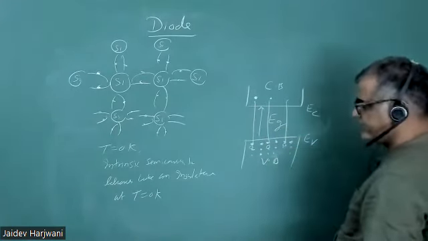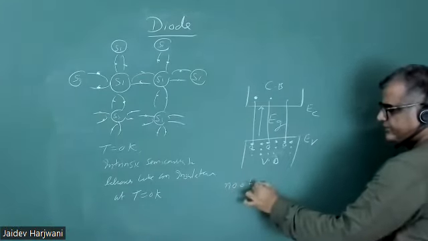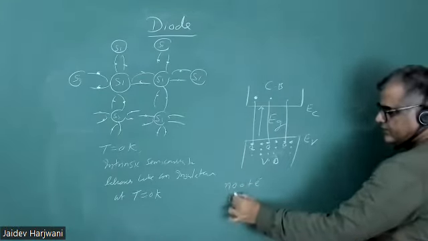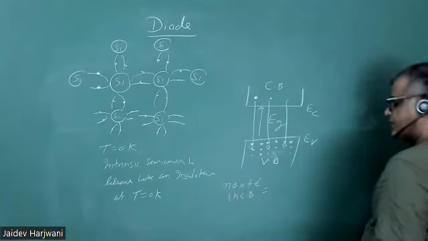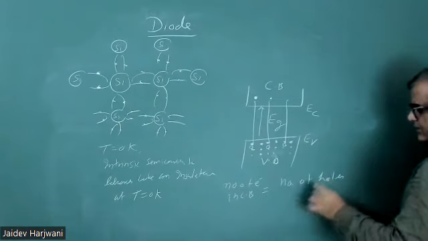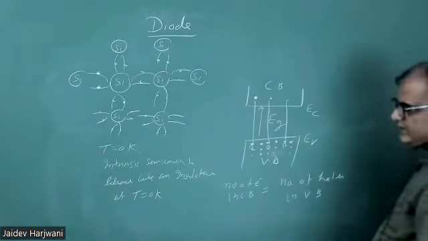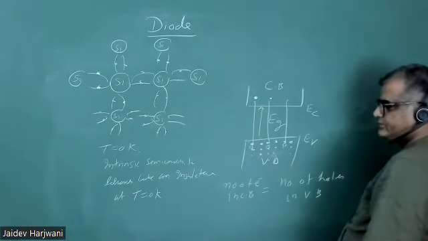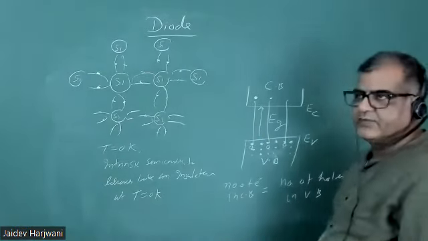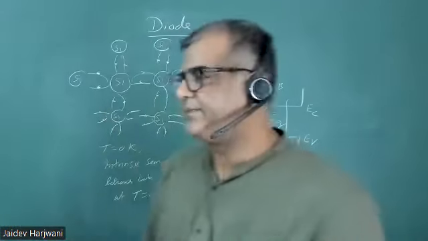So in an intrinsic semiconductor, the number of electrons in the conduction band is equal to the number of holes in the valence band. And these electrons are all thermally generated, as you are supplying temperature.